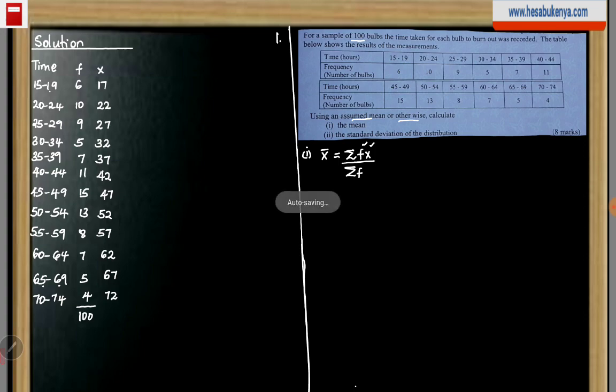Then we need to get f times x. F times x. So 6 times 17 is 102. Then 10 times 22 is 220. 9 times 27 is 243.